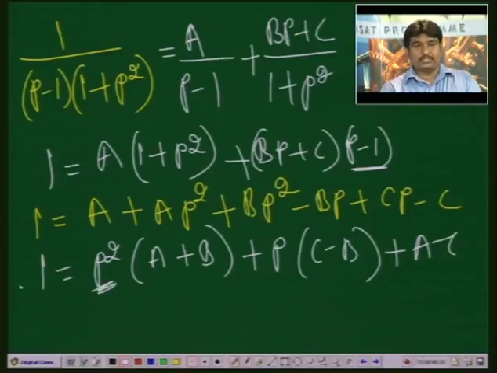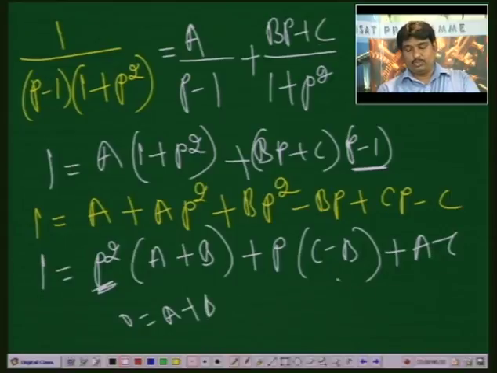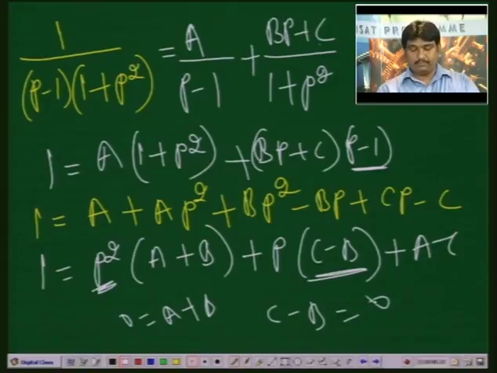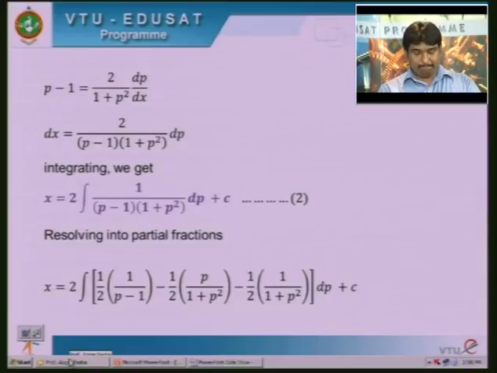Coefficient of p square is 0 here, so we get 0 equals A plus B, and coefficient of p is C minus B, equated to 0 because there is no p term here. C minus B equals 0, and A minus C is 1. So like this you find the values of A, B and C.